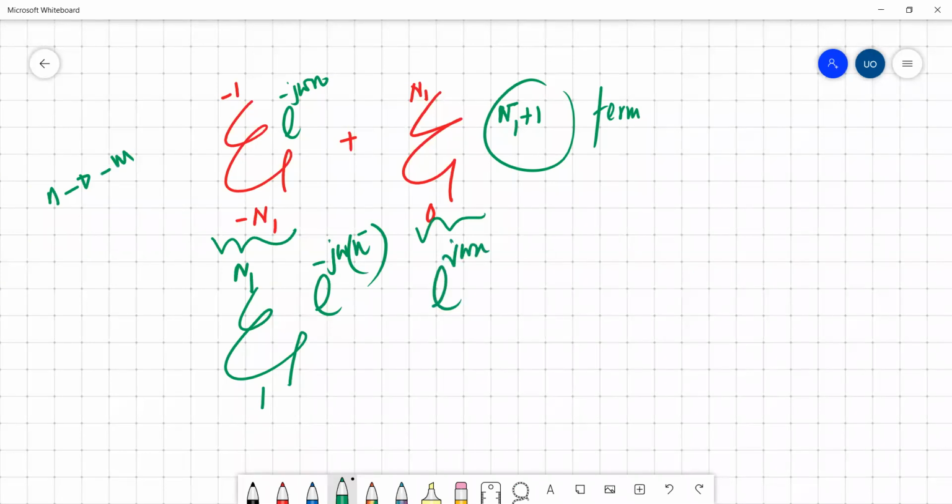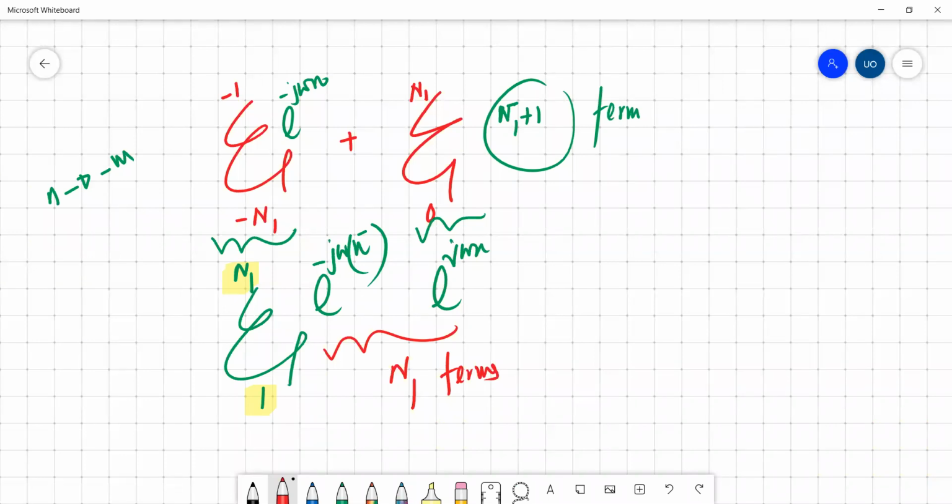Then you can simply apply the geometric series for this first sum and the second term. Keep in mind in this case this starts from 1 to n1, so you have n1 terms only. But the geometric series normally starts from 0 to n1.